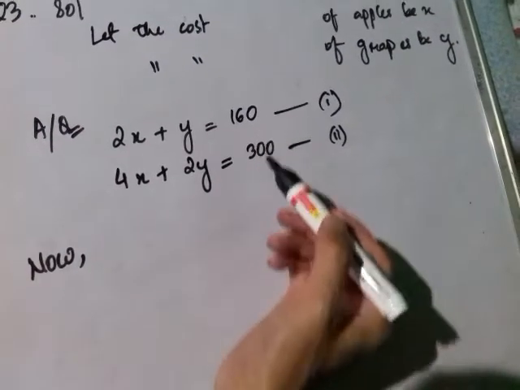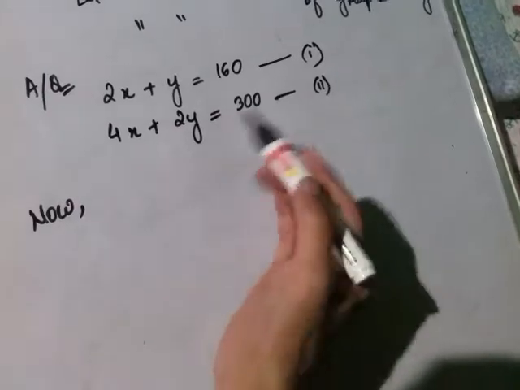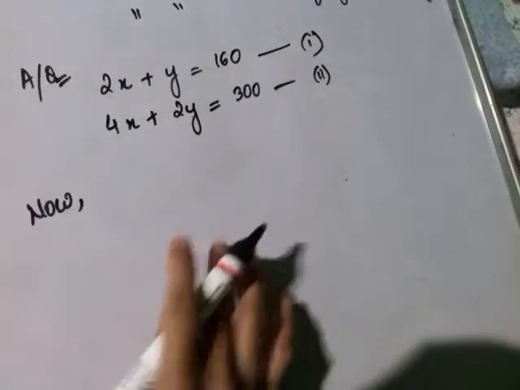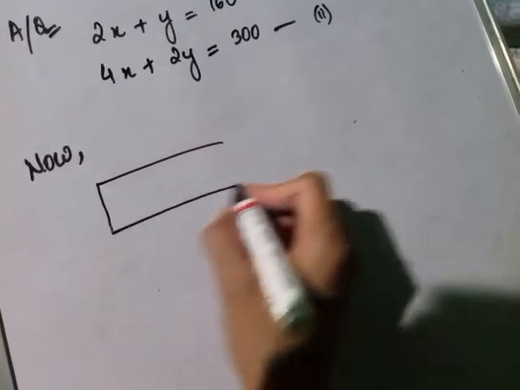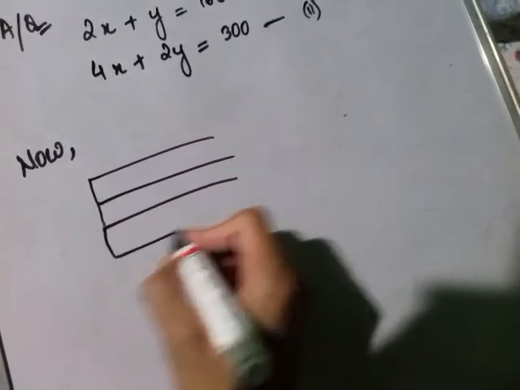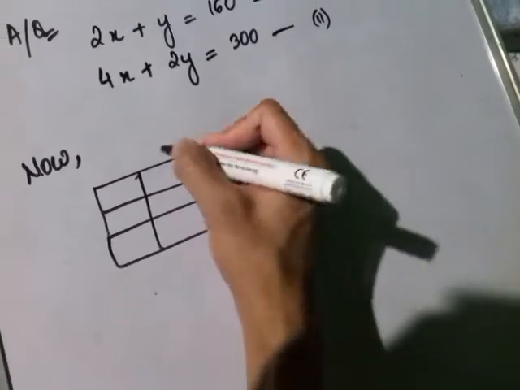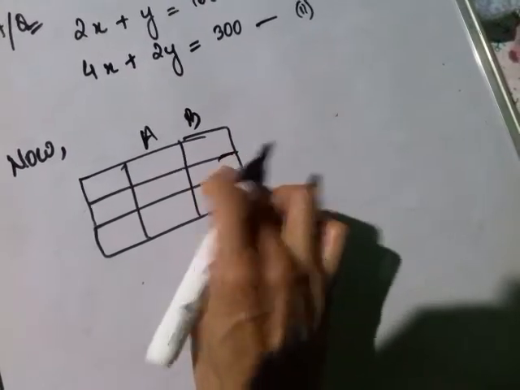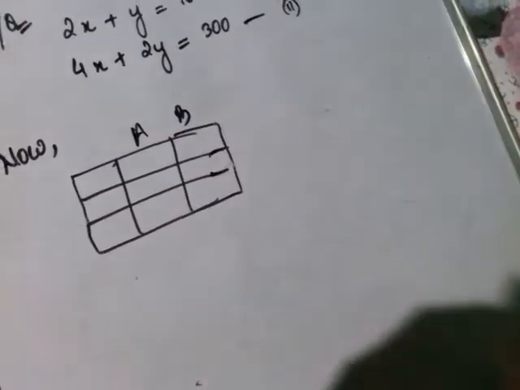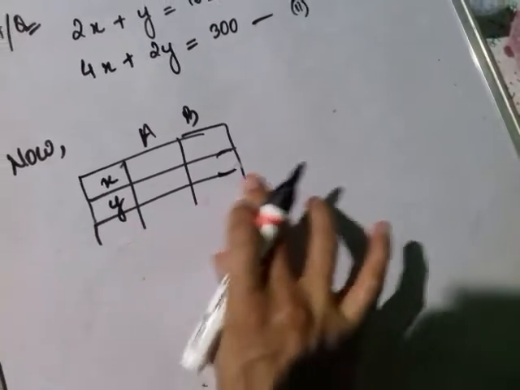Because you see here 160 and 300 are also multiples of 10, no? So that's why I have taken the multiples of 10, understand? So you will draw a box again. This will be A and B, okay. I will take only the points, what I have told you previously also. So this will be x and y, understand?